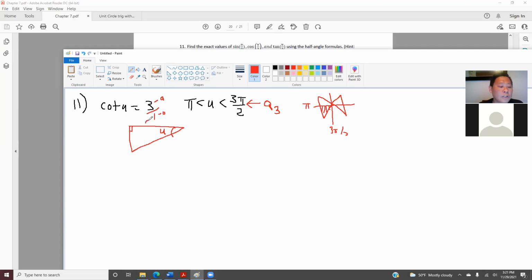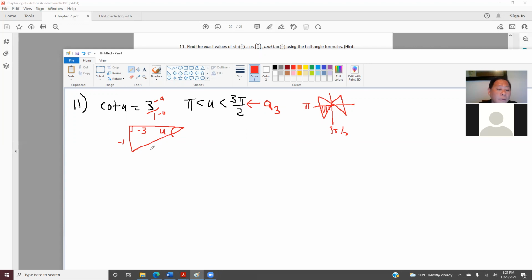So your adjacent is 3 and your opposite will be 1. Is this correct? No. So why is this wrong, Kelvin? Maybe negative. Yep, in quadrant 3, both of your x and y values are negative.